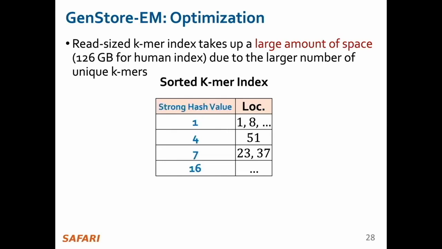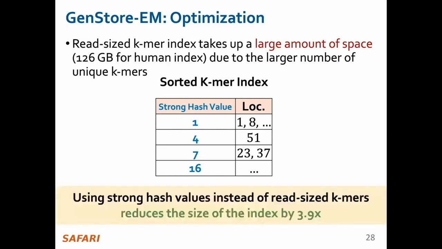We can now sort with these hash values, and they also act as the fingerprint of each entry. So we compare the hash value of the k-mers with the hash value of reads to find matches and mismatches. The use of these strong hash values instead of the larger k-mers reduces the size of the index by 3.9 times.